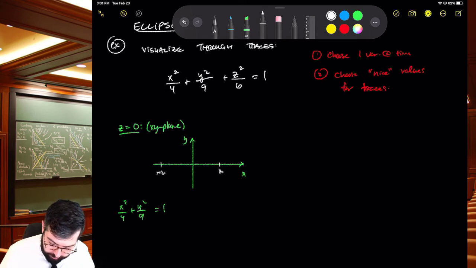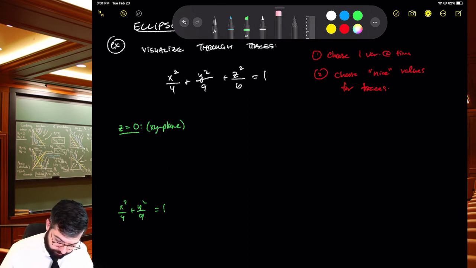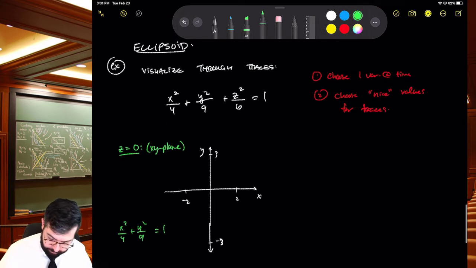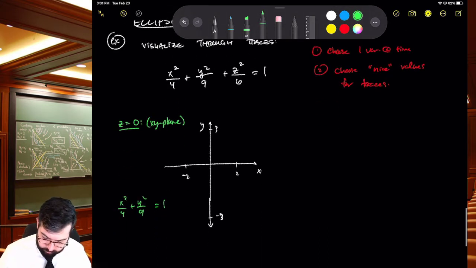Intersect at 2 and negative 2 on the x-axis, and 3 and negative 3 on the y. So it'll look something like this.